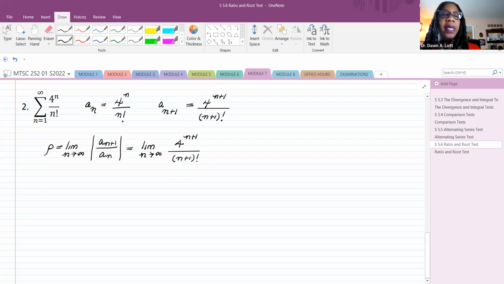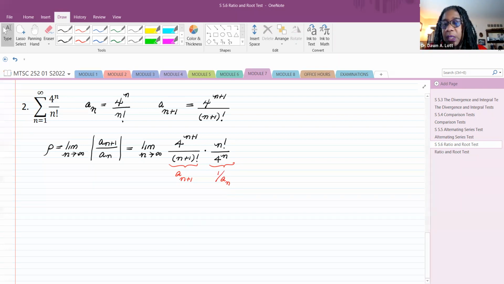And I divide by an, which means I multiply by its reciprocal, so I get n factorial over 4 to the n. So this part is an plus 1, and this part is 1 over an. So I get exactly what I need.